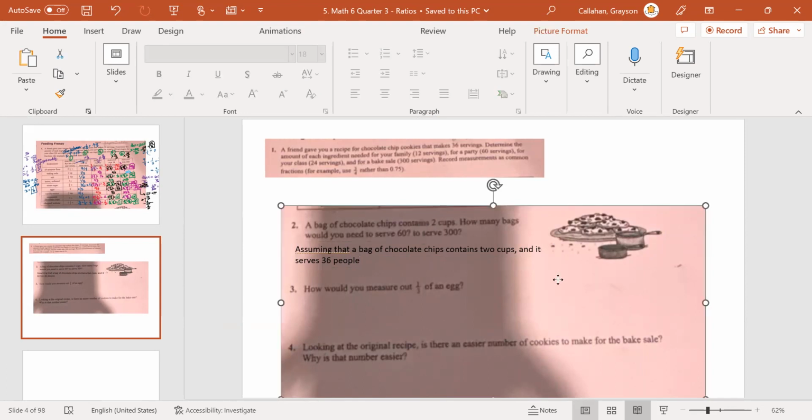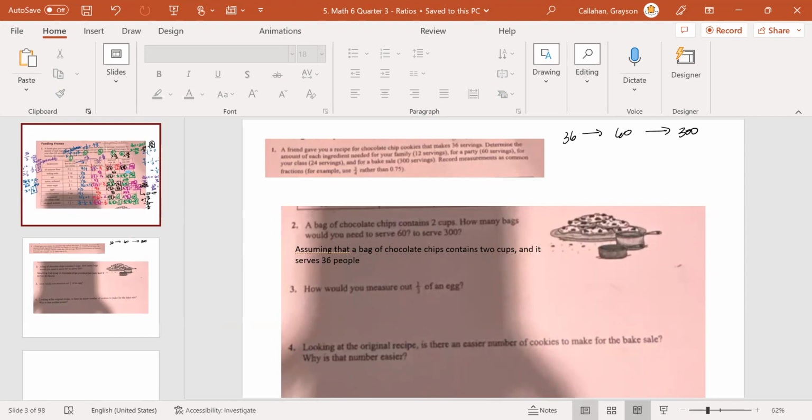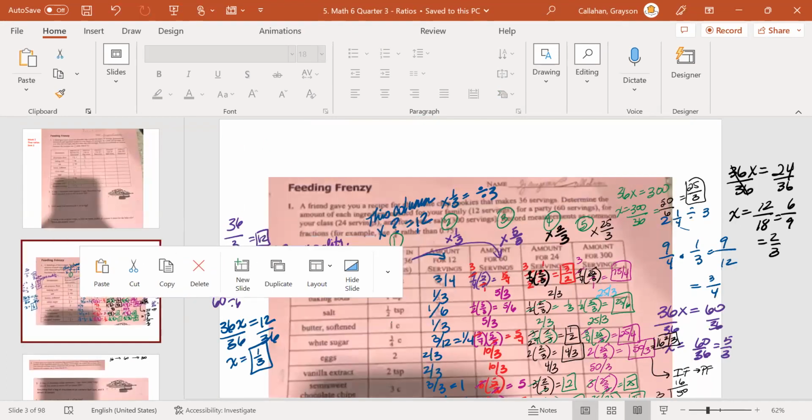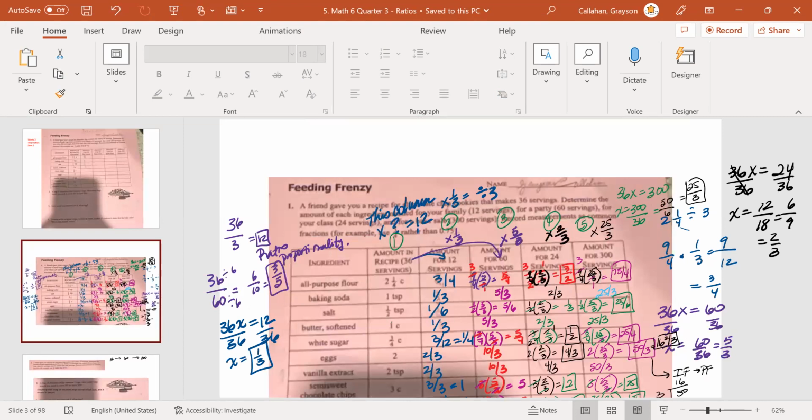Then from 36 servings to 60, then to 300, you go back to the multiplier again. So you go back to this chart that we did. Do you remember from 36 to 60, it was 5 over 3, right? And then from 36 to 300 is 25 over 3.